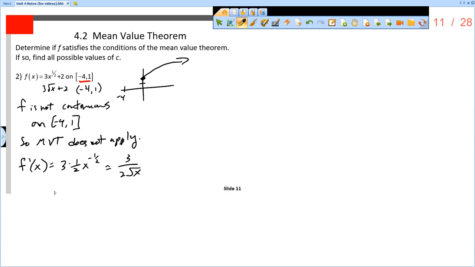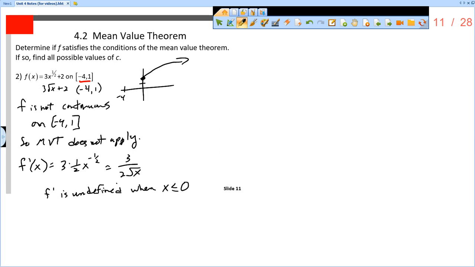So now you'd have to say, okay, well, is the derivative defined on -4 to 1, not including the endpoints of -4 and 1, because remember, a function is not differentiable at its endpoints, right? So now you would say, okay, well, when is this thing undefined? Well, f prime is undefined when x is less than or equal to 0, right?